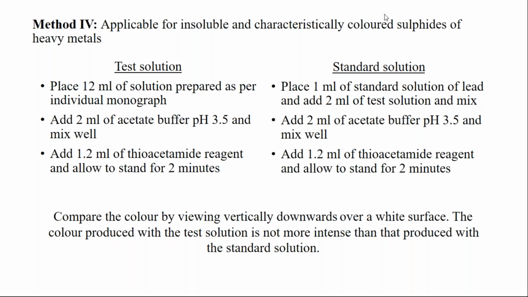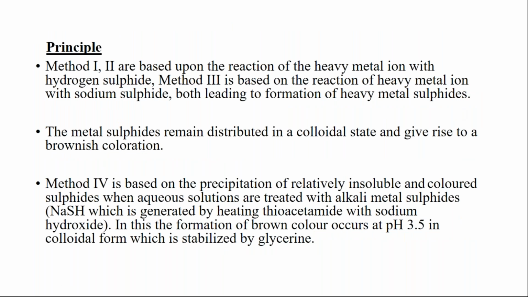Okay, so basically the differences that you see here, or the principle that you can observe here, is in methods 1 and 2, reaction of the heavy metal ion occurs with hydrogen sulfide. In method 3, reaction of heavy metal ion occurs with your sodium sulfide. In all of these 3 methods, it leads to the formation of your heavy metal sulfides.